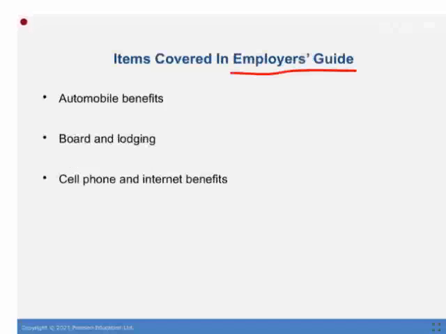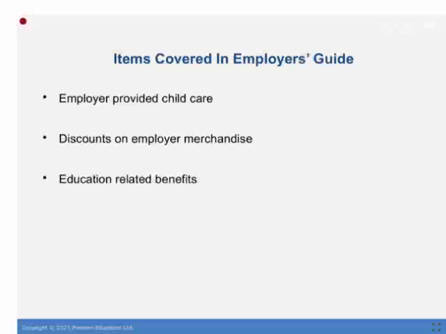So that employer's guide is probably the best one. And you'll see some things in here. First off, automobile benefits. Boarding and lodging. Sometimes an employer will pay for a place for you to stay. If they pay for your phone and internet. Maybe they pay for your childcare.